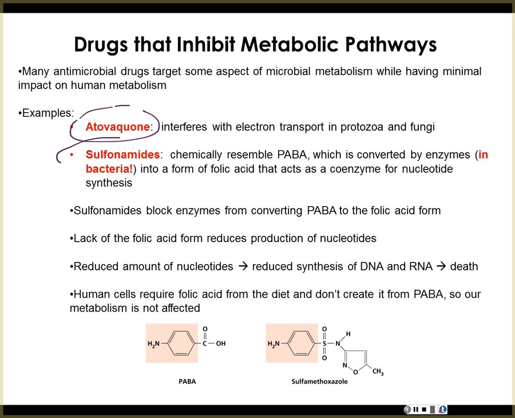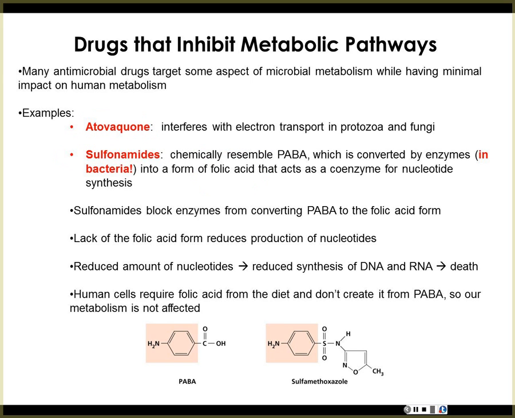Then the sulfonamides, we actually talked about those on Tuesday. These were one of the early types of antibiotics as well, and they prevent bacteria from making folic acid. And all living things need folic acid in order to be able to replicate your DNA. So without folic acid, they can't do that, and the bacteria wind up dying.